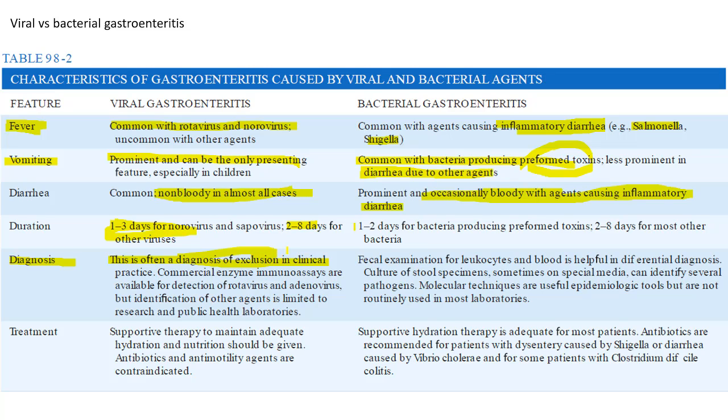So what do we exclude? We exclude bacterial gastroenteritis, and if we don't find bacterial gastroenteritis, then it is most probably viral gastroenteritis. If we want to be sure, or if there is research going on, we can use enzyme immunoassays to detect rotavirus and adenovirus. Those are the viruses for which commercial kits are available.